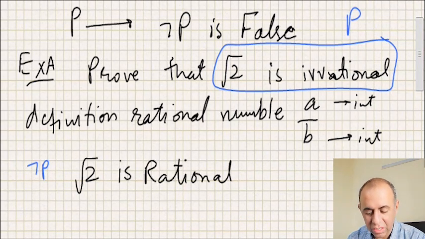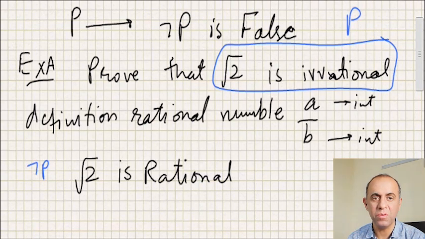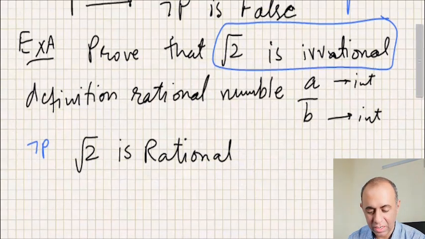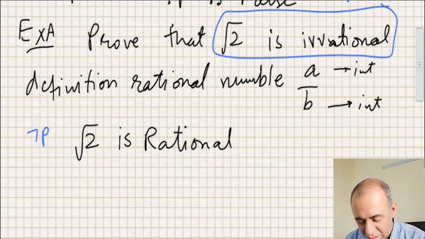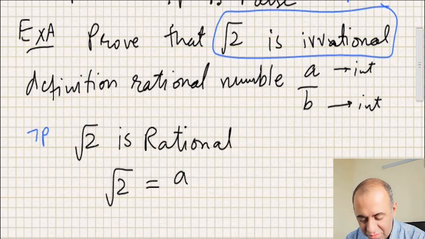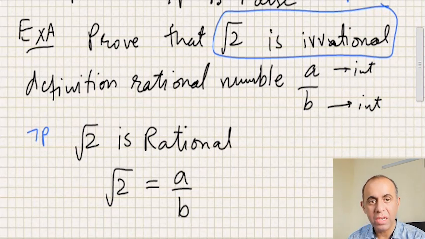So now we are following the proof by contradiction, because direct proof wasn't taking us anywhere because the statement included irrational in it, and irrational cannot be translated into mathematical terms, but rational can be translated into an equation. We can say that not P can be written as: square root 2 can be expressed as a fraction a over b, where a and b are in the smallest terms.